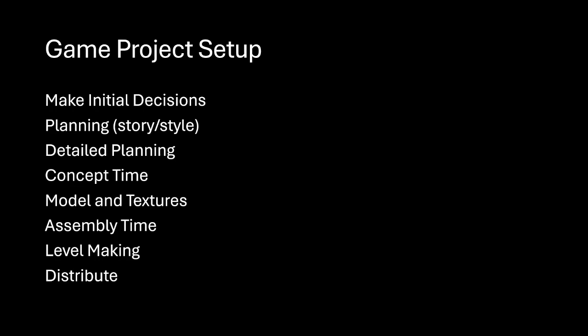Next one is identify milestones. This is for the alpha, beta, and CBT test, like closed beta. Next one is concept time. This is where the developers brainstorm ideas, explore concepts, and refine the vision for the game.